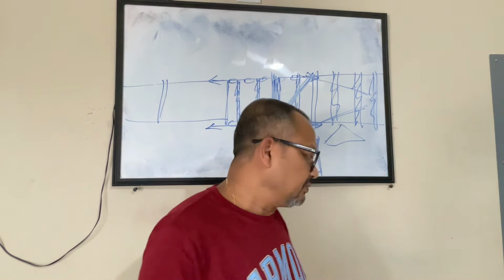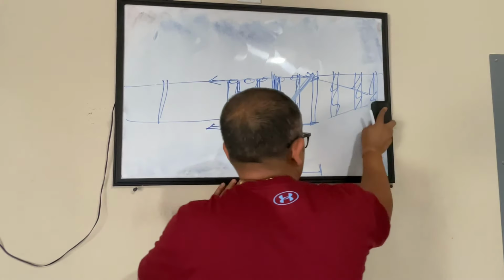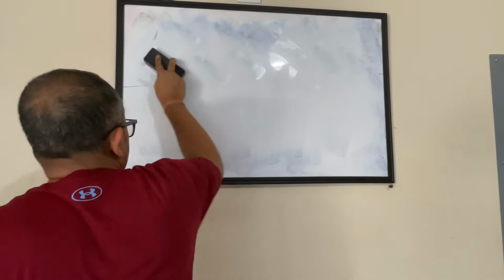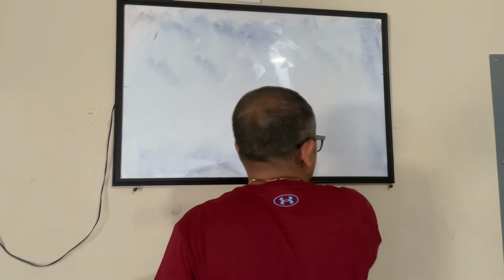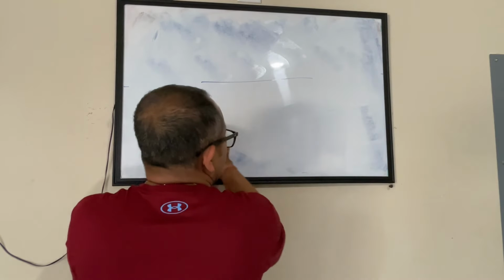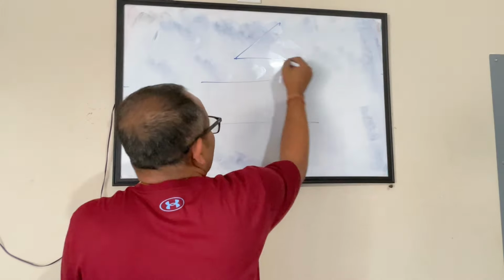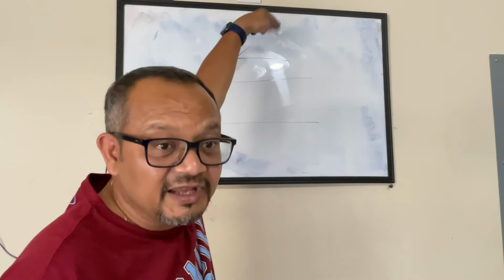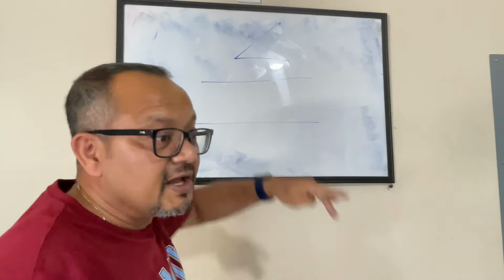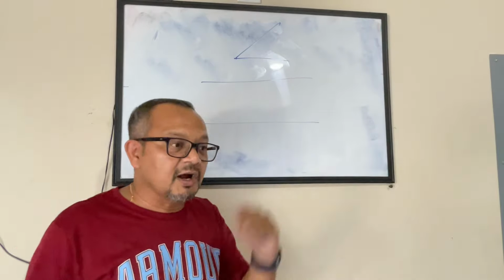Okay? Now look at this. So we learned about the parallel lines. We started learning with the angles where the lines were meeting each other at a certain angle, with a certain relationship. That is where we learned about right angle, acute angle, obtuse angle.